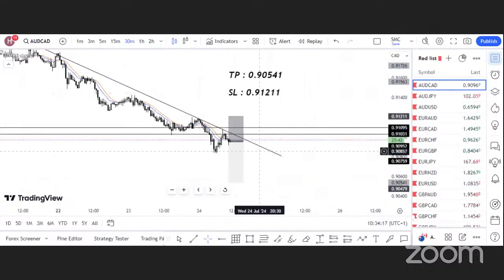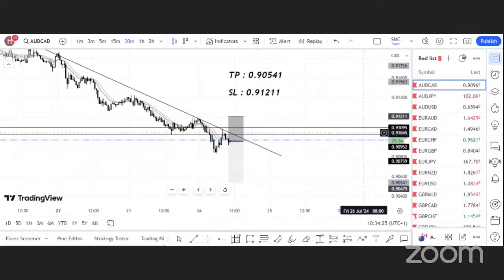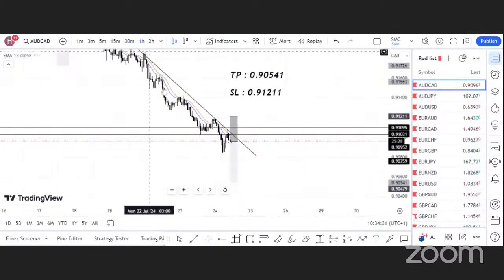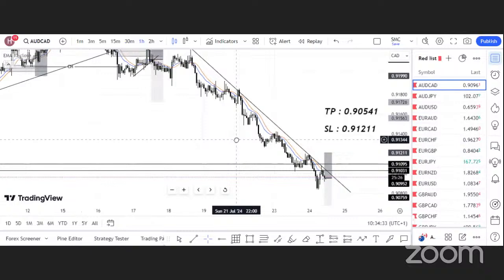So we have two trades running, AUD CAD and Euro CAD. Let's continue with our analysis.